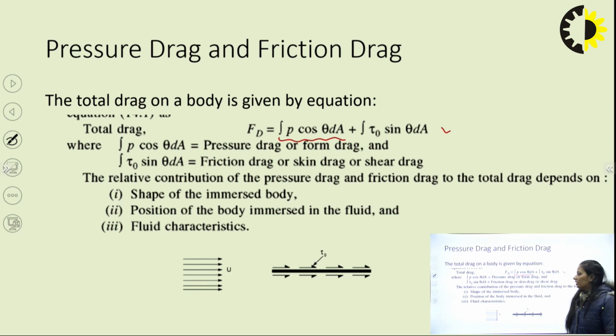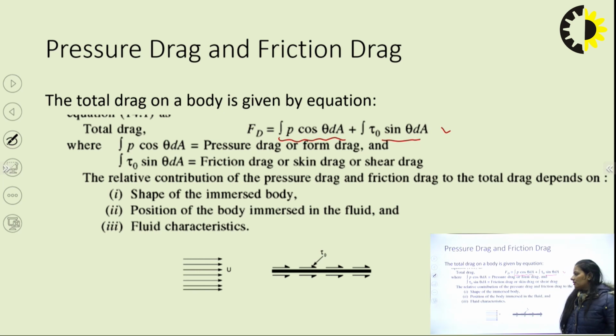And tau naught sin theta dA is the friction drag, or skin drag or shear drag. The relative contribution of the pressure drag and friction drag to the total drag depends upon the shape of the immersed body, the position of the body immersed in the fluid, and the fluid characteristics.